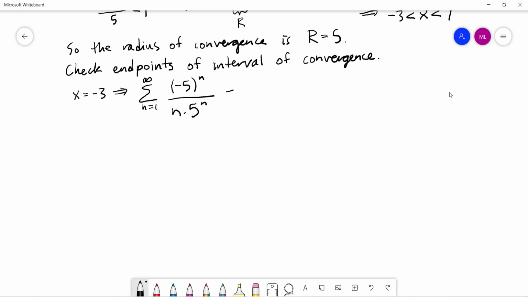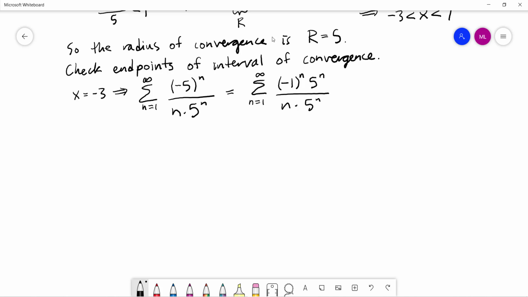I can rewrite this as the sum from n equals 1 to infinity of negative 1 to the n times 5 to the n, over n times 5 to the n, since I can split this up into negative 1 times 5.